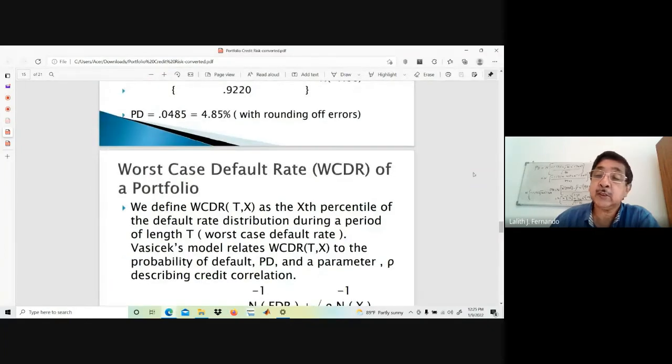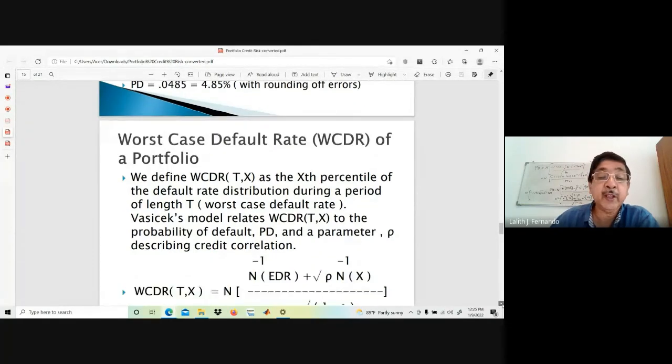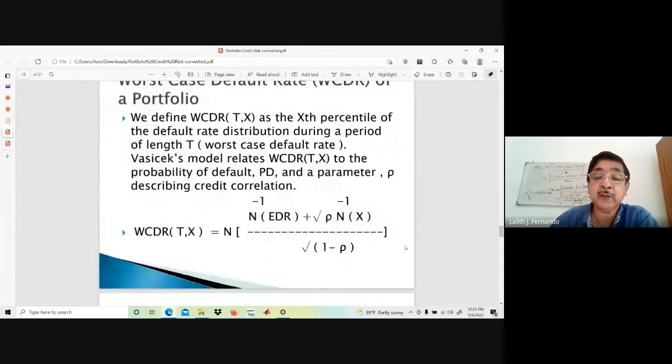Because the next concept is the worst case default rate of a portfolio. And there a small adjustment has to be made to the Vasicek model. The only thing is you need to change the theta, or cumulative probability function, to a certain level.